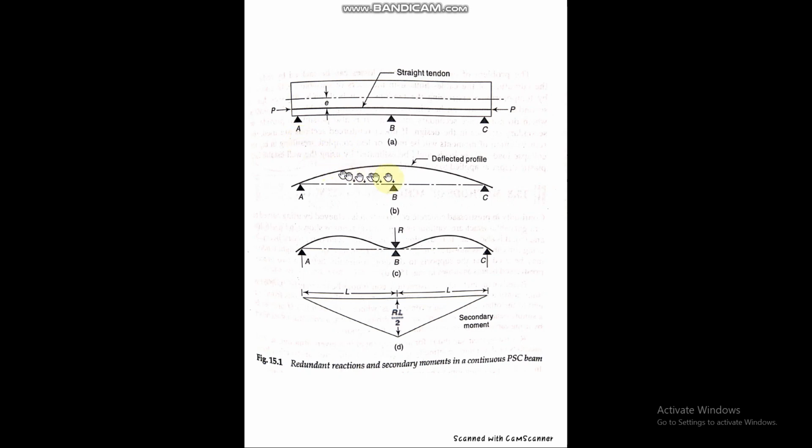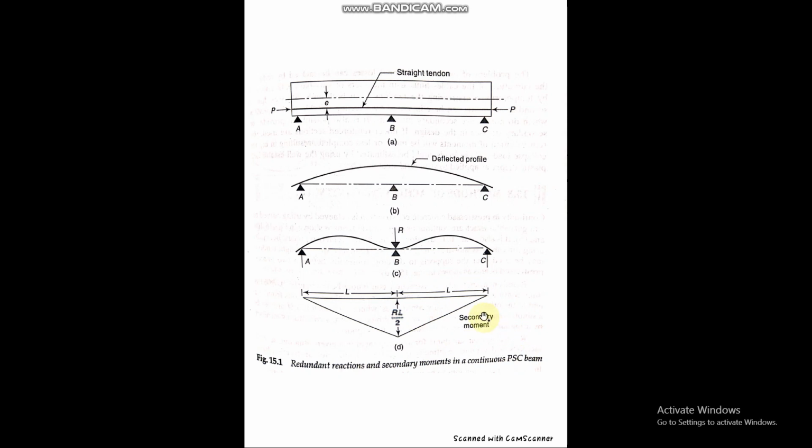Now, since there is a central support B, the structure becomes indeterminate, so it no longer follows the same deflected profile as before, right? Due to the incorporation of this new support, there is another moment present which causes this sagging part, and that is called the secondary moment.